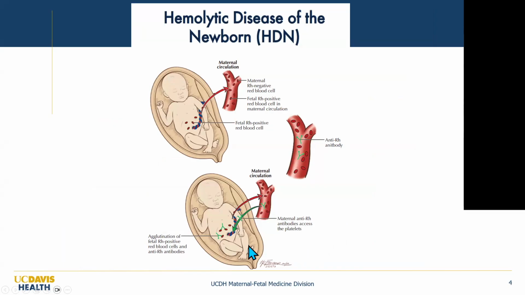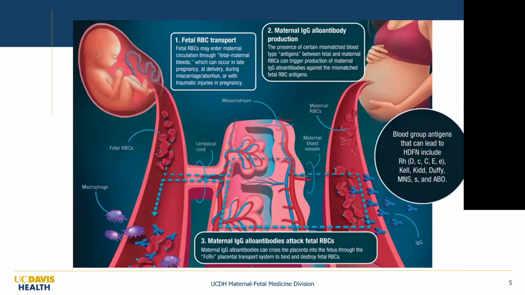And then it starts affecting the red cells and then starts to lyse the red cells and destroy them. So another graphic representation, just to be more explicit in terms of what we see, looking at the red cell transport system. Maternal red cells by themselves don't cross the fetal-maternal barrier, but it's these Y-shaped immunoglobulins that can easily enter this interface.